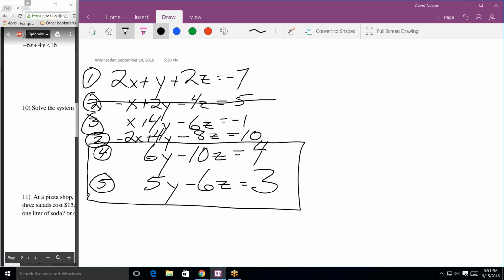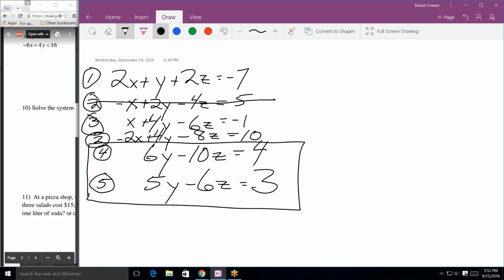So let's look at these two equations, 4 and 5. If I'm going to use elimination, I got to get something eliminated. Well, how can I eliminate either y or z? Notice that I cannot just subtract or add them at the moment.